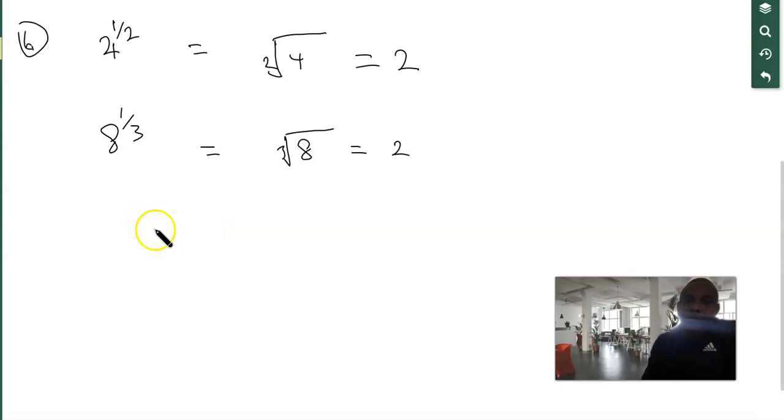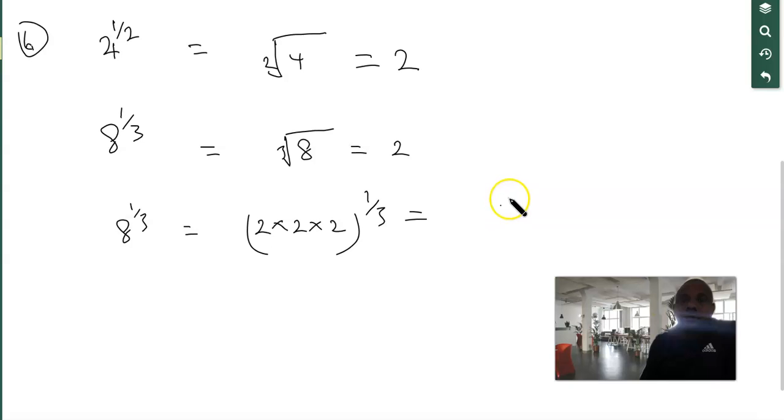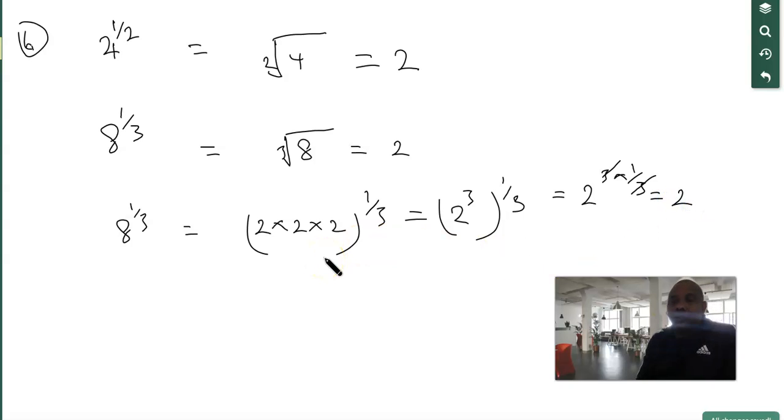The other way you can solve it, you can say 8 is 2 times 2 times 2, which is 2 raised to 3, all raised to 1 over 3. So using the third law, it will be 2 raised to 3 times 1 over 3. So this cancels, equal to 2. So there are many ways you can solve that.